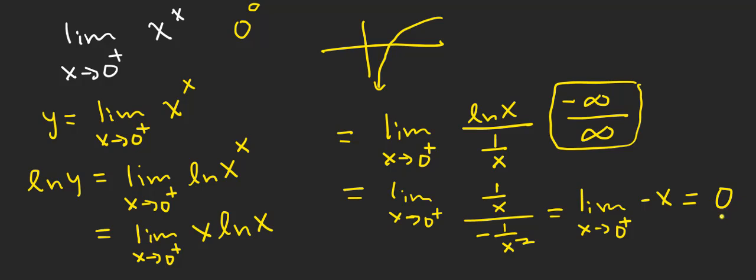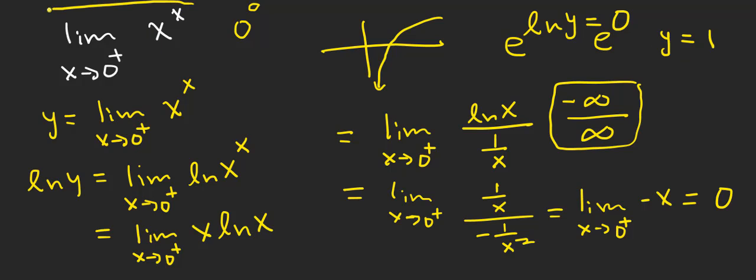But that's not our answer. Why? We said our natural log of y is equal to this, which came out to be 0. So natural log of y is 0, and you e both sides, you end up getting y is equal to e to the 0, which is 1. Therefore, this whole thing right here, the answer becomes 1.